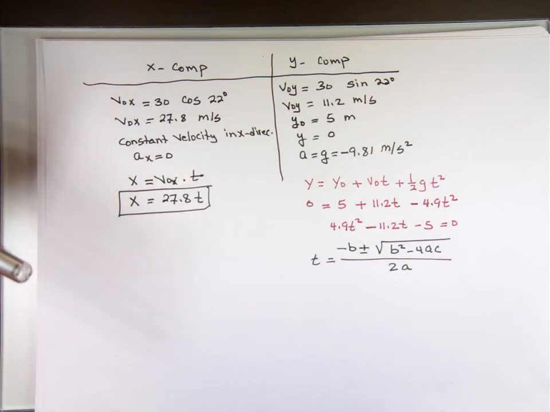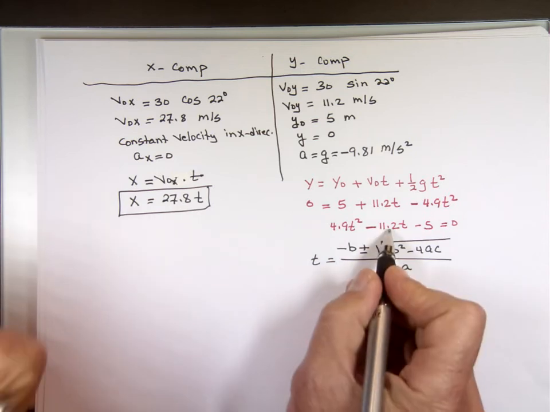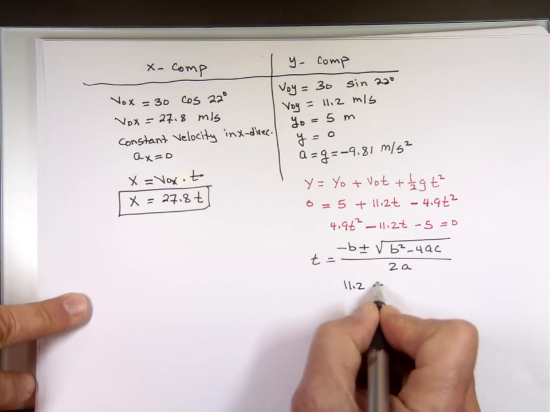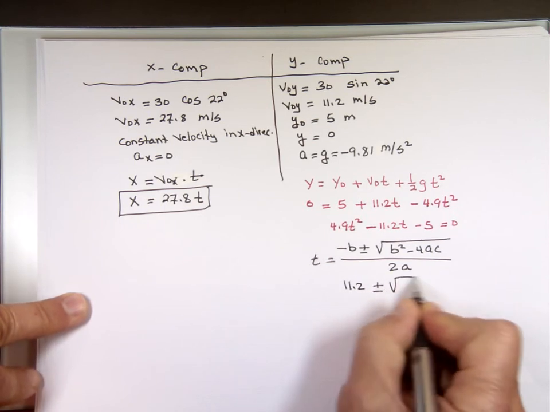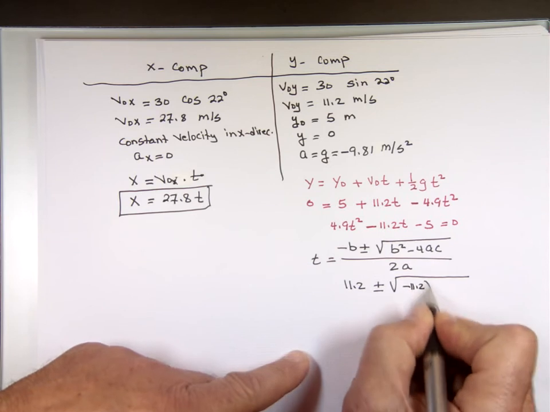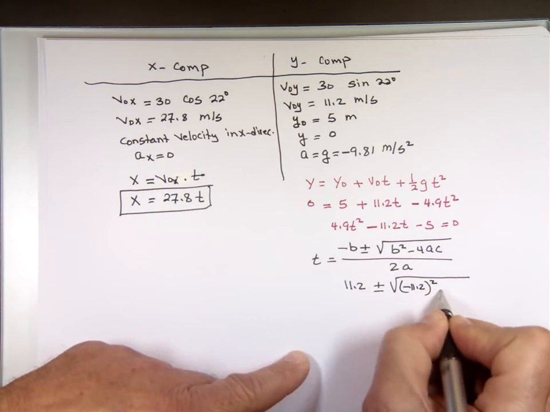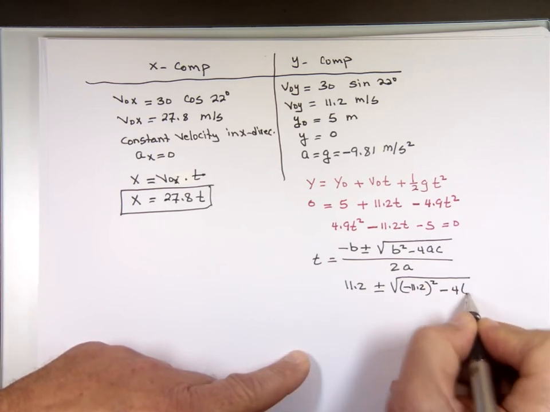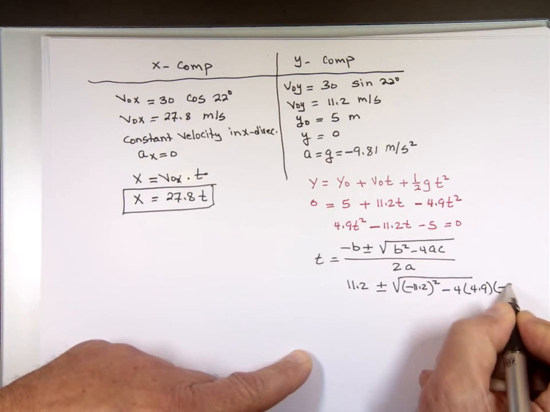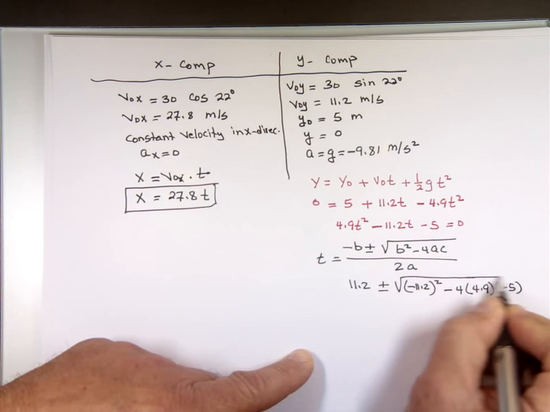Now let's plug in the numbers. B is 11.2 with a negative, so minus a minus, that'll be 11.2 plus or minus the square root of negative 11.2 squared, minus 4 times A, which is 4.9, times C, which is negative 5, over 2 times A.